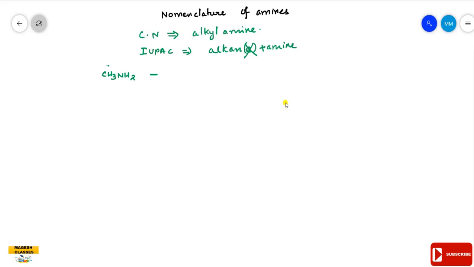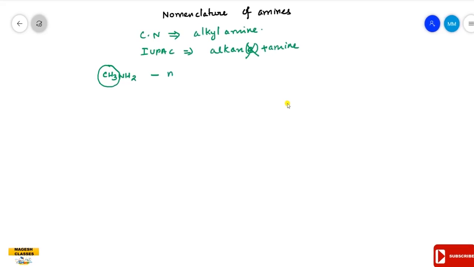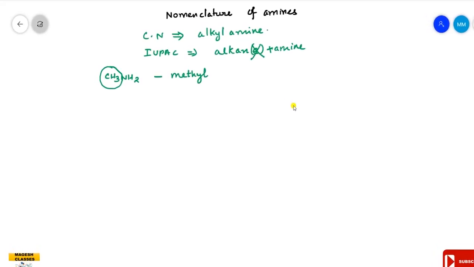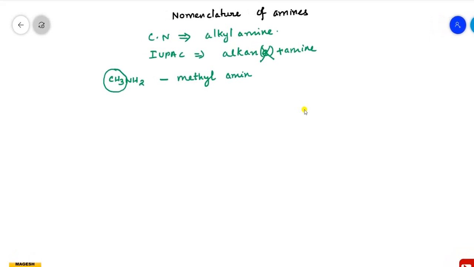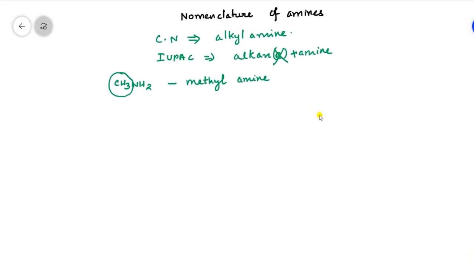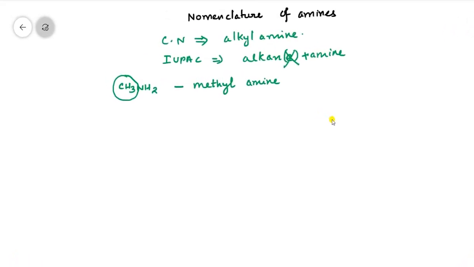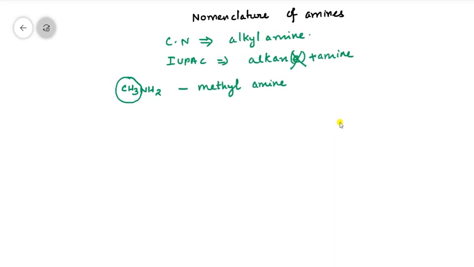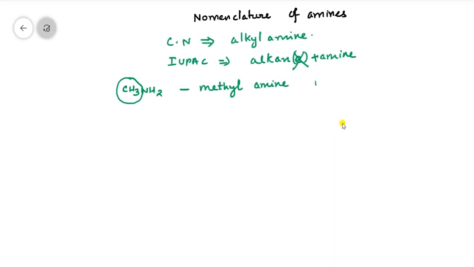Here the alkyl part is CH3, so it is a methyl part. In the common name system, it is written as methyl amine. In the IUPAC name system, it consists of only one carbon atom, so the corresponding alkane is methane, the suffix E is eliminated, and the suffix amine is added.